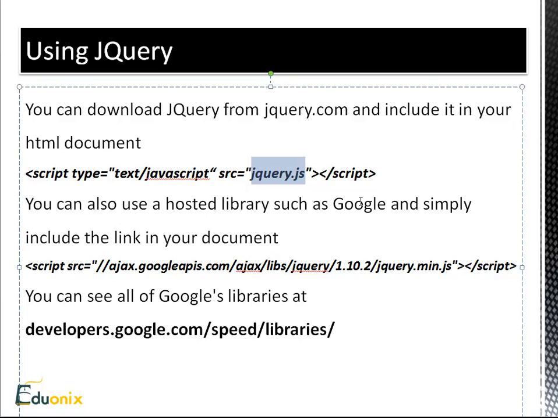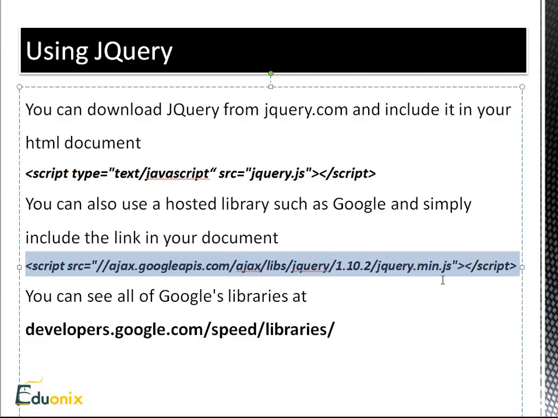Another way we can do this is to use what's called a CDN, and a CDN is a document or a library hosted by another service such as jQuery or Google, which is a very popular one, and this doesn't require us to download any code or put any code on our server. All we need to do is throw this script tag in there, which points to the library.